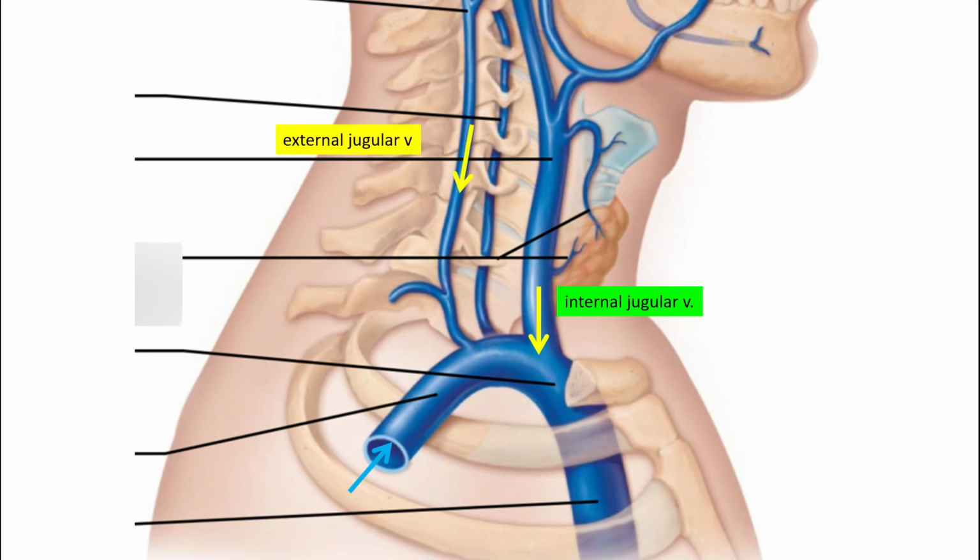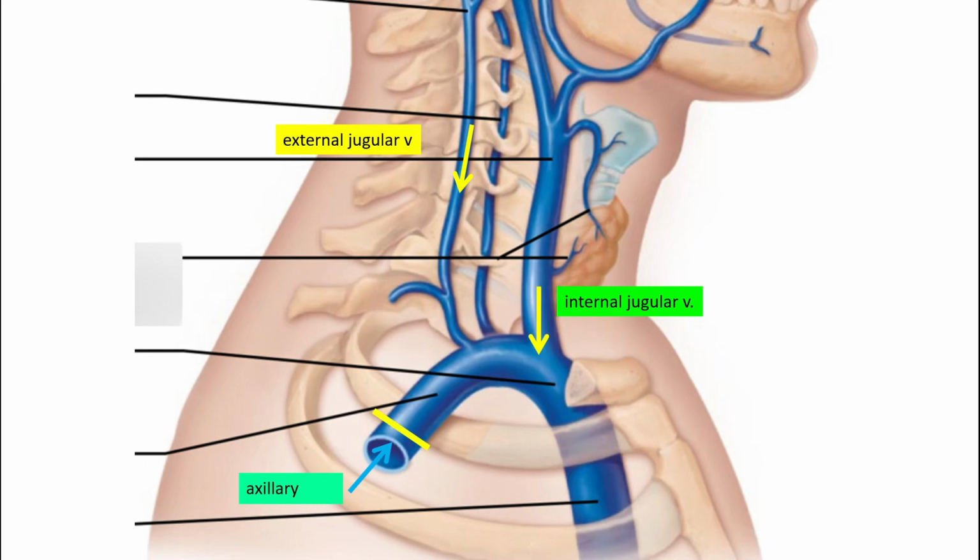We know now how it is formed, and they come down and want to go to the right atrium. How are they going to go to the right atrium? Here is an artery coming from the axilla, draining the upper limb, called the axillary vein. Sorry if I said an artery.